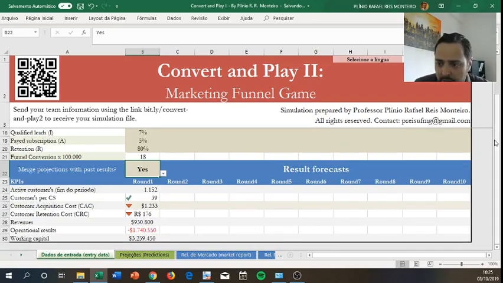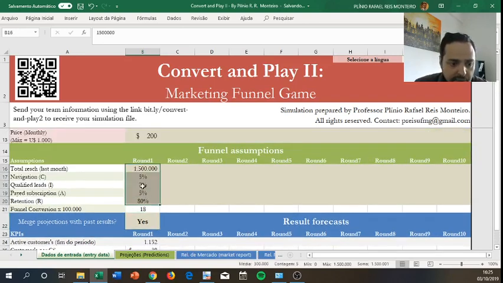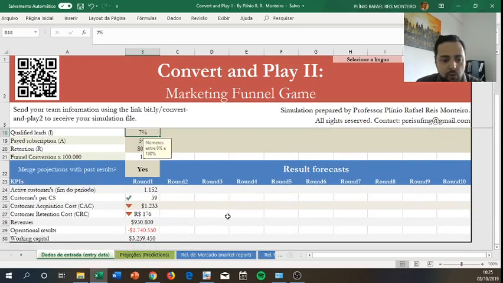If everything that you're expecting here is true, if you achieve this reach, this conversion on navigation and qualified leads and so on, then you will be 100% sure that in the end you will have this number of customers here.